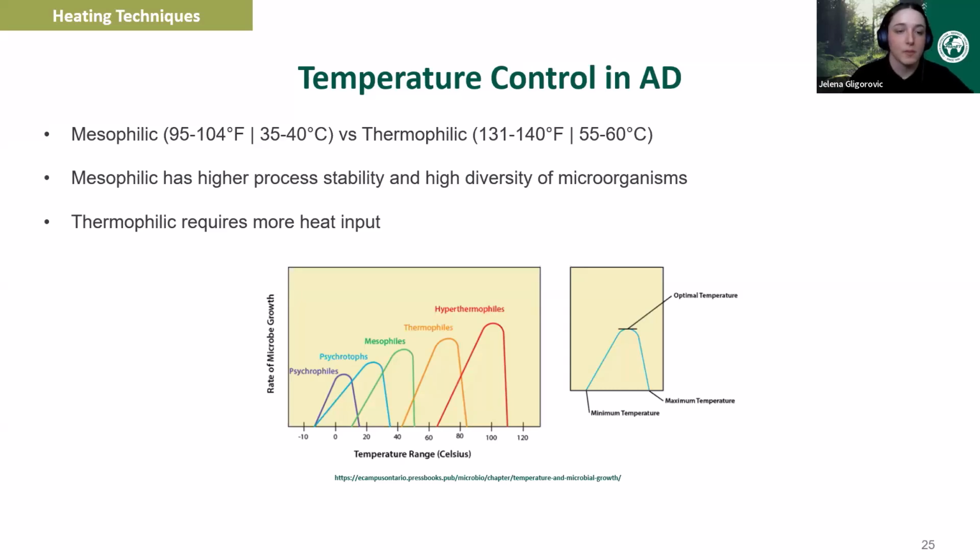We typically use mesophilic, which are 35 to 40 degrees Celsius or 95 to 104 degrees Fahrenheit, for our tanks, since mesophilic temperatures provide process stability with a higher diversity of microorganisms compared to, let's say, thermophilic. It's also a lot easier to maintain the heat required in colder temperatures with a mesophilic digester than with a thermophilic one, where you require higher heat input.